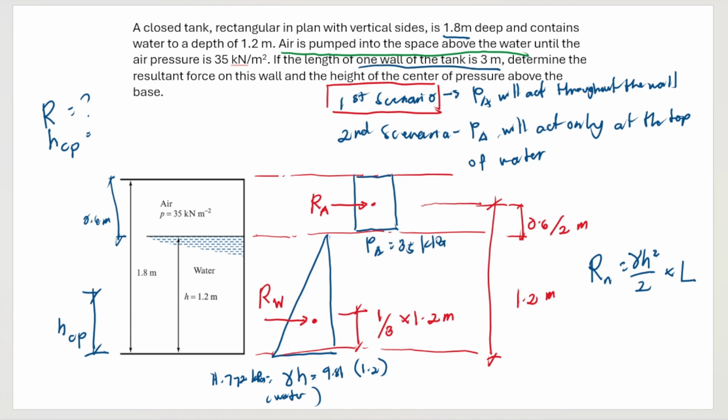So the length here is equal to 3 meters. So we could now compute the values of R sub A and R sub W. And the total reaction is easily seen to be equal to R of water plus R of air. Okay? So let's answer that question. Using this diagram, we could first compute for R sub A.